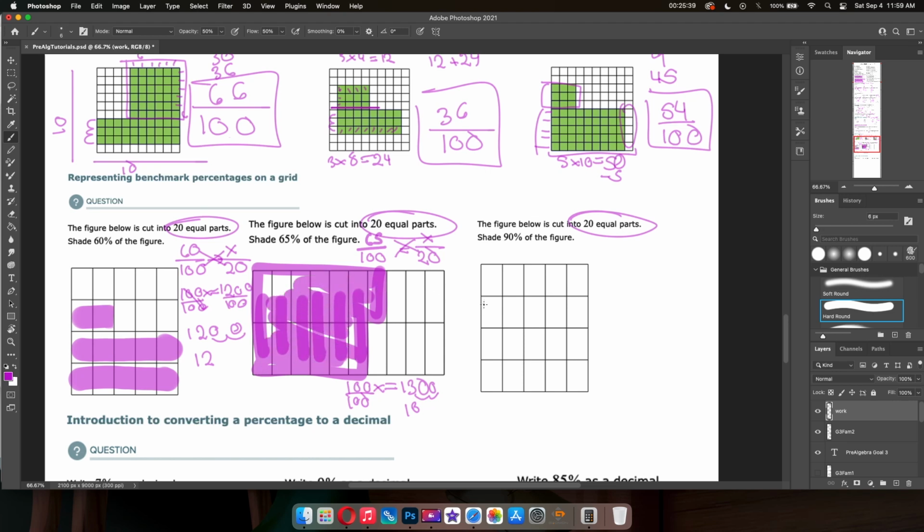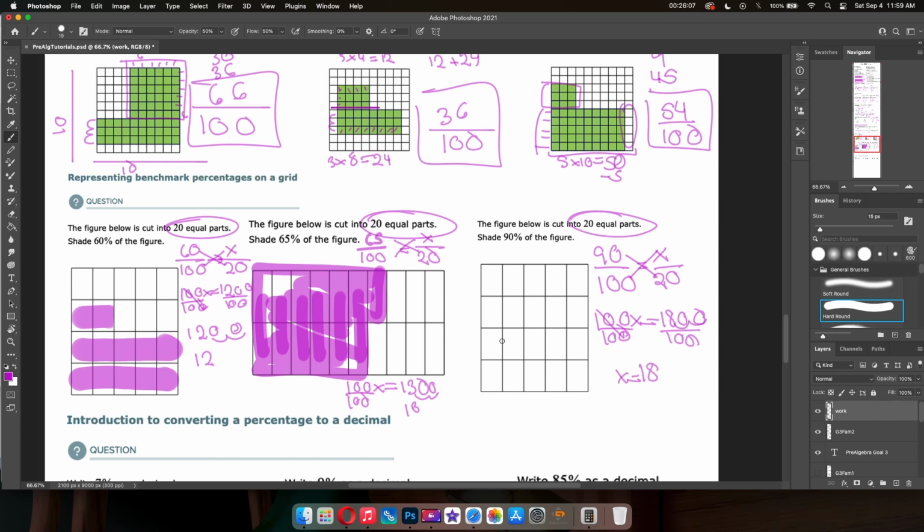Now we do it again. We have 90% out of the 100 grid, and there's 20 total pieces here that we need to look out for. So 100, cross multiply, Ms. Dubois, show your work. 100x equals 90 times 20, which is 1800. Divide by 100, which basically means I'm just moving the decimal over to the left 2 spaces.